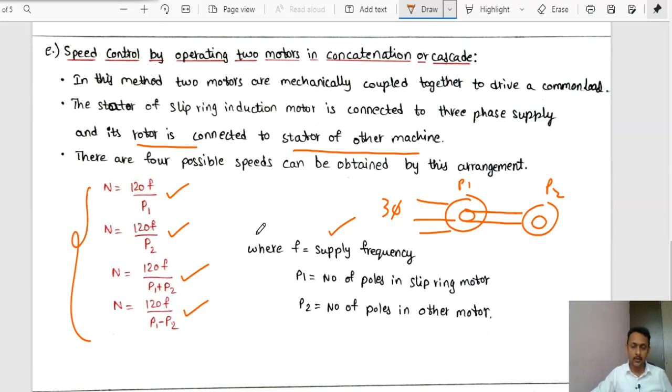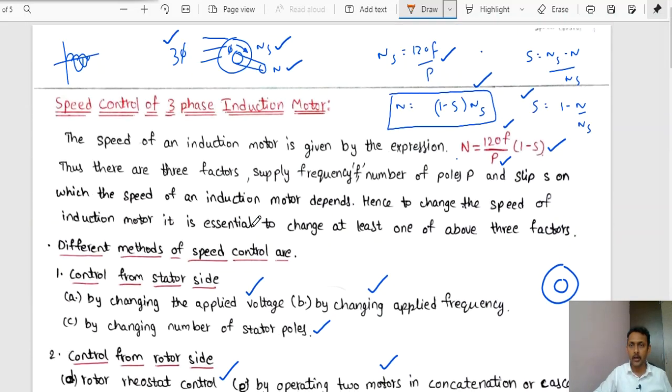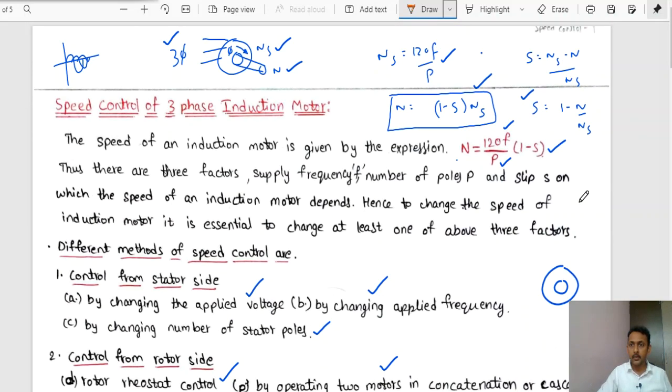Dear students, while writing this essay from the exam point of view, in this entire discussion the important key points are, first, the basics: Ns equal to 120F by P, and slip S equal to (Ns minus N) by Ns. Ns indicates the synchronous speed, N is the speed of the rotor.